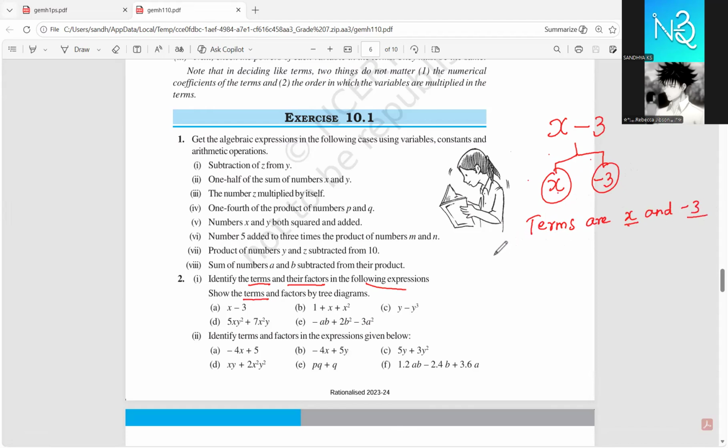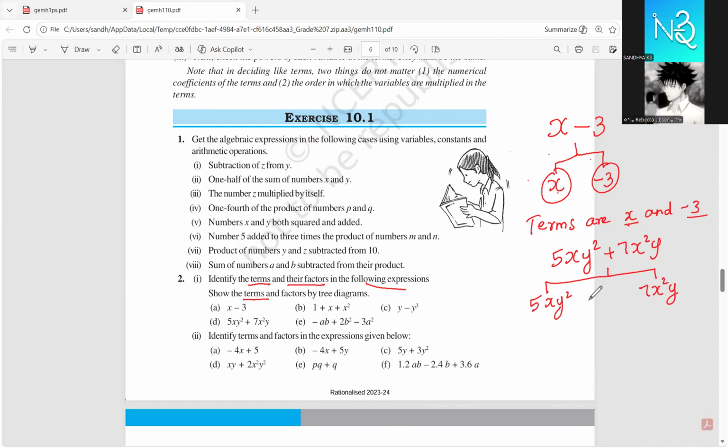Now, in the next question, I will take another question, so you will understand why I am telling you about the factors. It is 5xy squared plus 7x squared y. So here I have two terms again. One is 5xy squared and the other is 7x squared y.